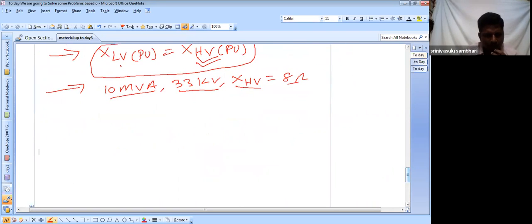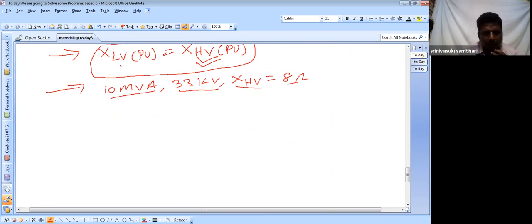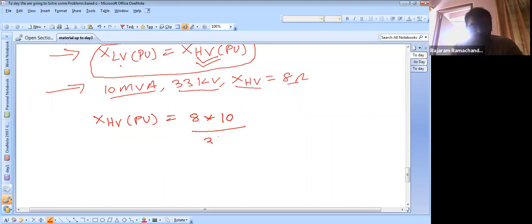Now I know the base MVA, base kV, and the actual values. According to the first formula, what is the XHV per unit equal to? X actual is how much? 8, into base MVA which is 10, divided by 33 whole square.